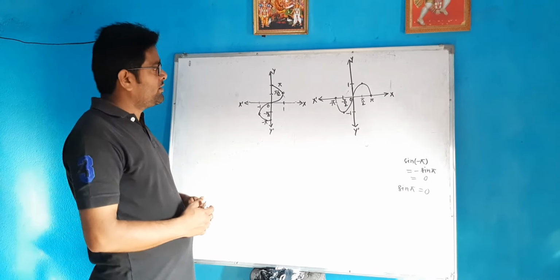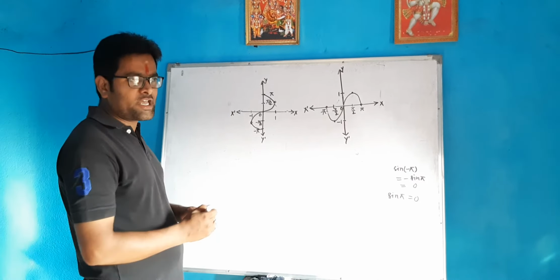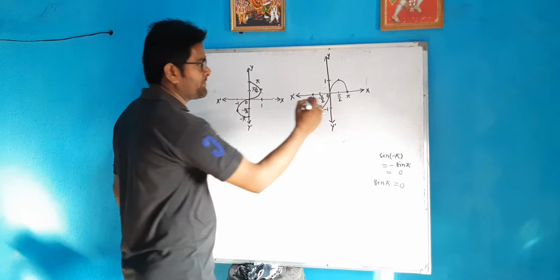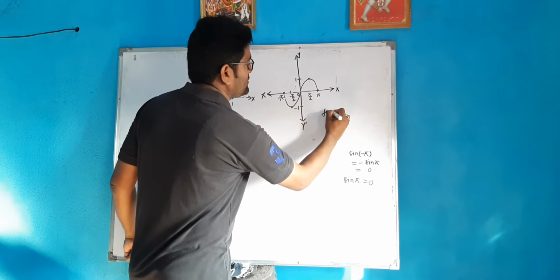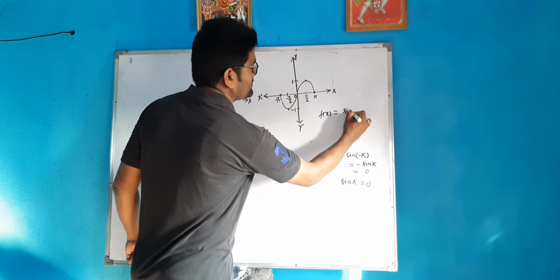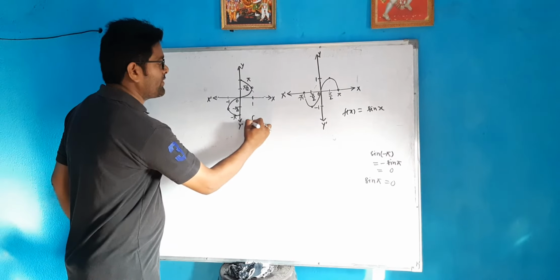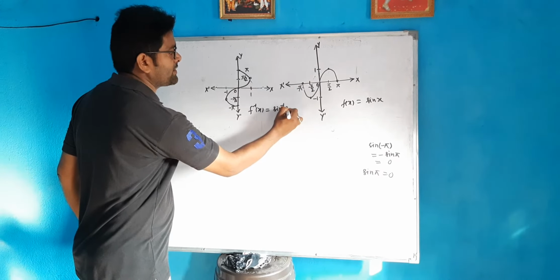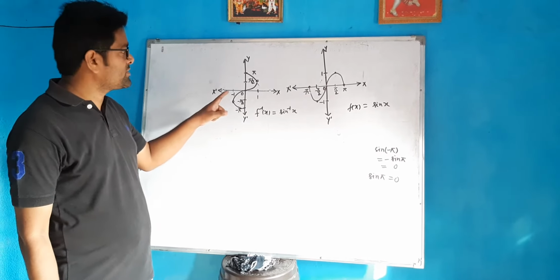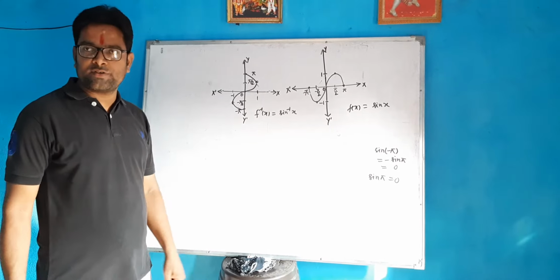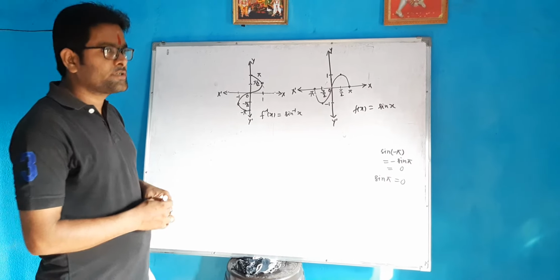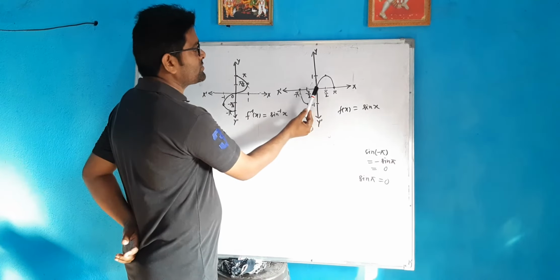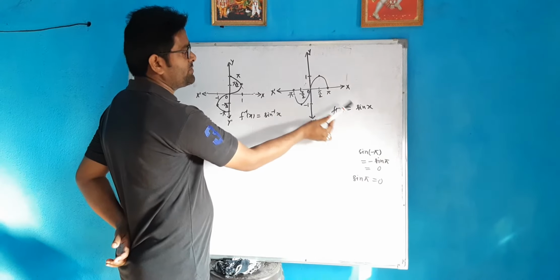Now we can see here the graph of the sine function and the inverse sine function. f(x) is equal to sine x, and f inverse of x is equal to sine inverse x. So this is the sine inverse function's graph and this is the sine function's graph. Let us check. Putting x equal to 0, sine will be 0.